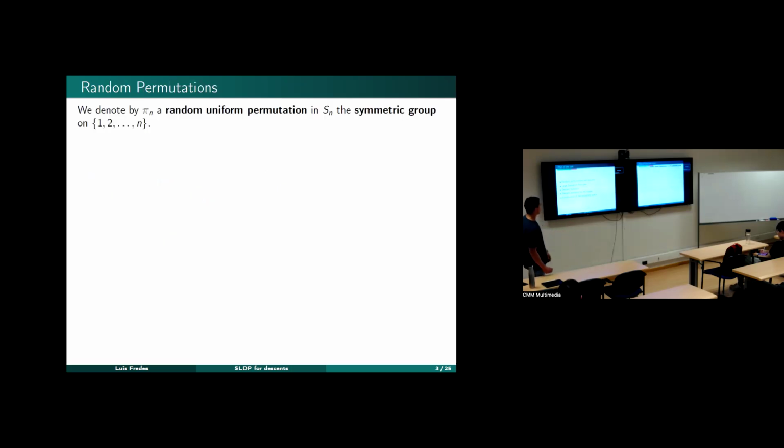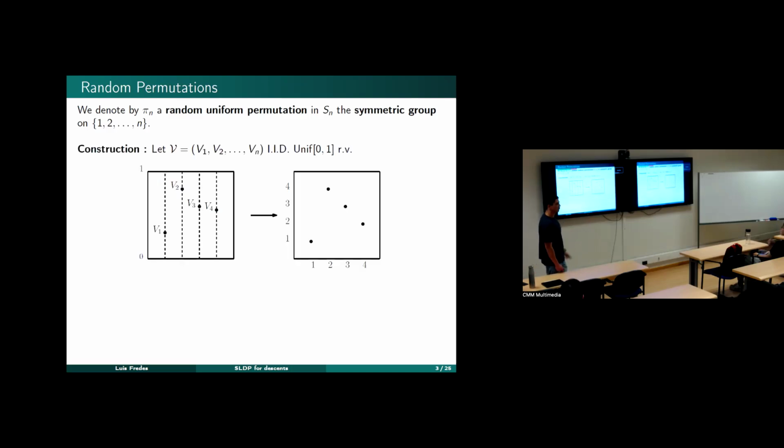Okay, so to start, random permutations. The notation will be that pi n is a uniform random permutation in the symmetric group of n elements, which I will just enumerate from 1 to n. To give you an idea of the construction, if you have a family of IID uniform 0,1 random variables, I could plot each of them, and they will induce in their relative order a permutation.